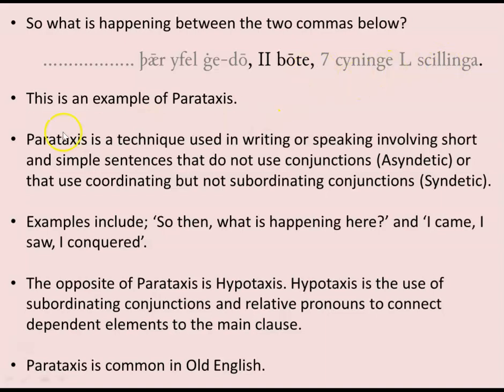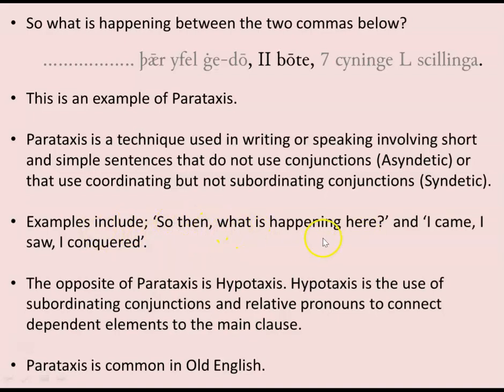Okay, so anyway, parataxis is a technique used in writing or speaking involving short and simple sentences that do not use conjunctions, so they're asyndetic, or that use a coordinating but not subordinating conjunction, so that's syndetic. Now notice up here there's no conjunctions of any kind, okay, so this is asyndetic. So examples include, so then, what is happening here?